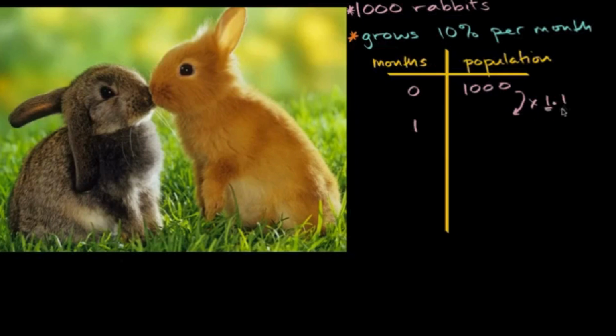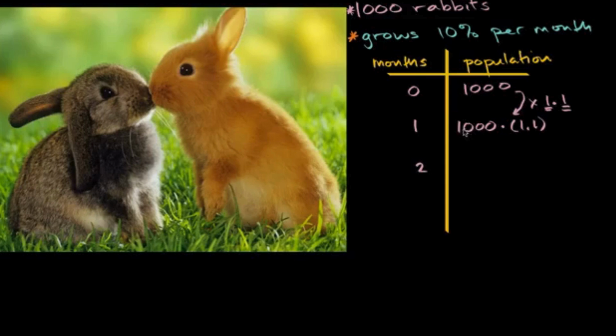You have your original population, and then you grow it by 10%. 1 plus 10% is 1.1. So we can multiply it by 1.1. And that math we can do in our head. It is 1,100. But let's just write this as 1,000 times 1.1.